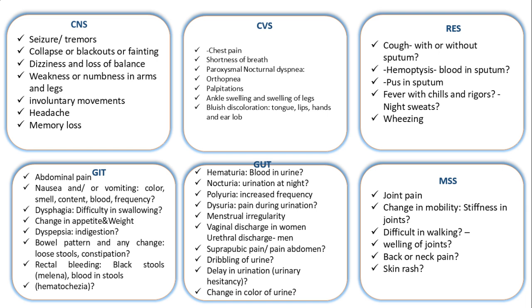So in the central nervous system, you can ask whether the patient has dizziness, blackouts, fainting, loss of balance, numbness. You can ask about involuntary muscle movements, headaches, memory loss. All those are in the central nervous system. Now, in the review of systems, you're going to write the information in medical terms, so make sure that you study all the medical terms and what they mean.